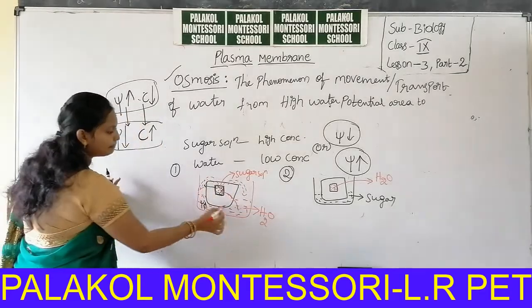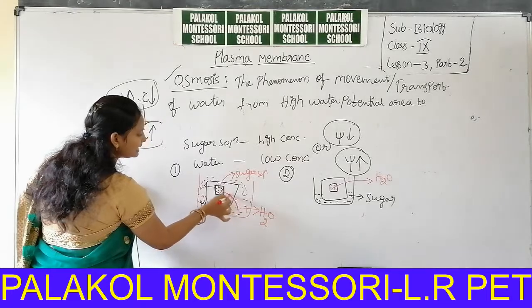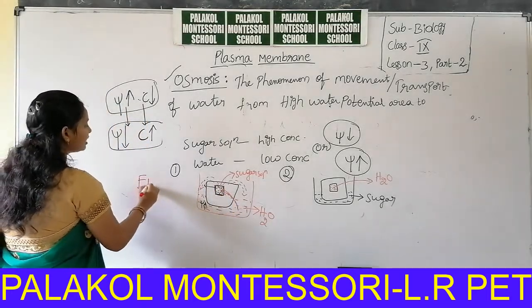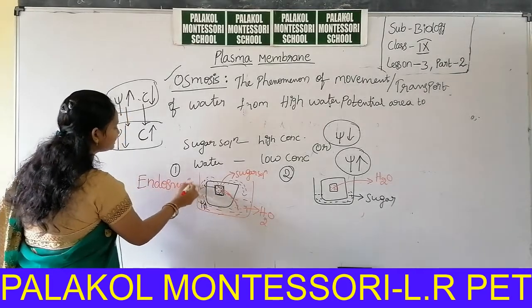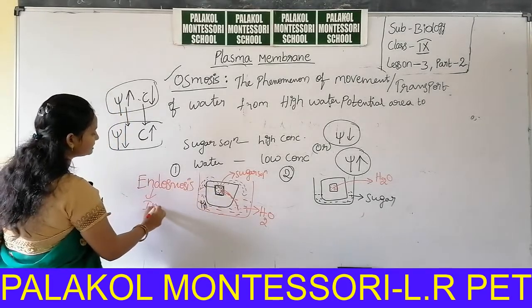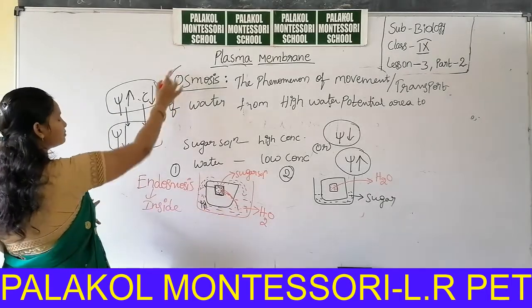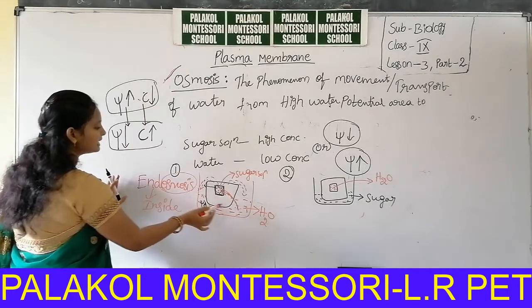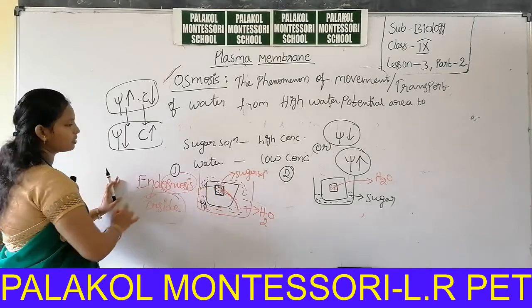This type of movement of water from outside to the inside of the cell is called as endosmosis. Endo means inside. If the osmosis takes place towards the inner surface, it is called as endosmosis.